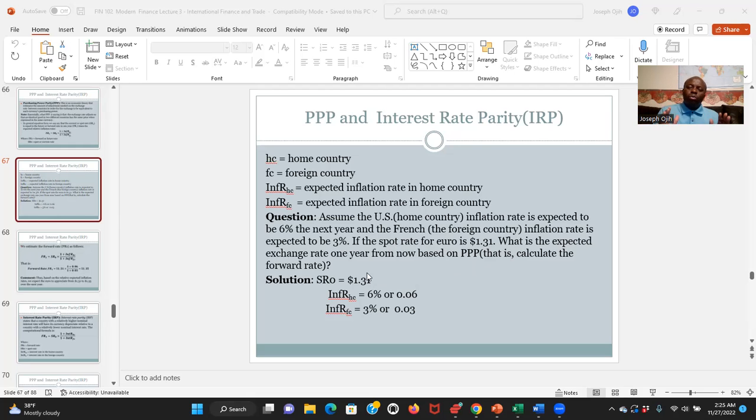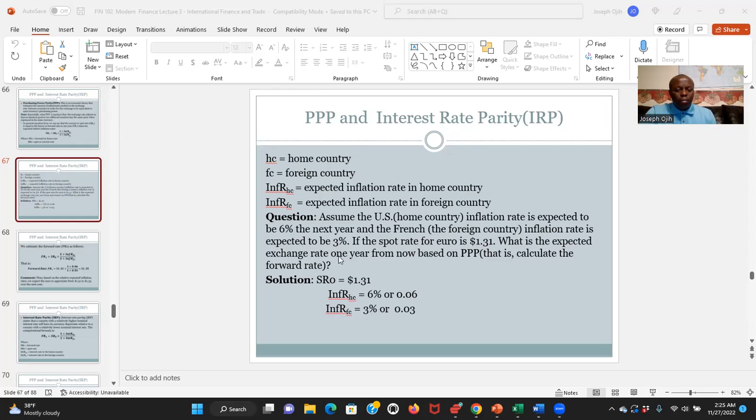So the first thing I do is to list the parts of the formula, the numbers that will be included in the formula. I like to write them down when I'm doing calculations. So I have the spot rate is $1.31. You can see it from here, the spot rate for euro now. The inflation rate in the home country, it said, was 6%.